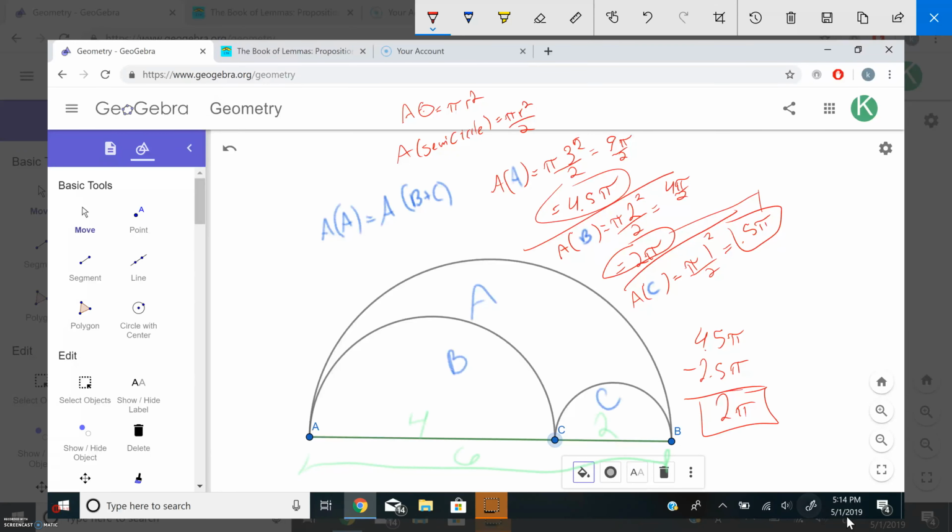Arbelos. The next way he found out to do this was to construct a line that was perpendicular to the baseline, which I will make green again, and also tangent to both of the inscribed semicircles.